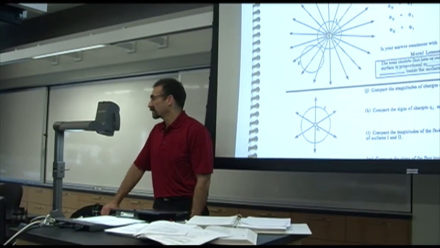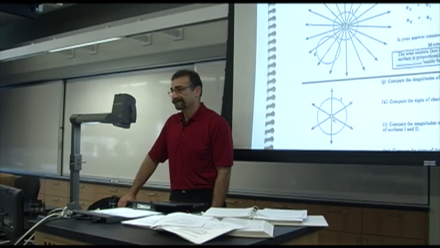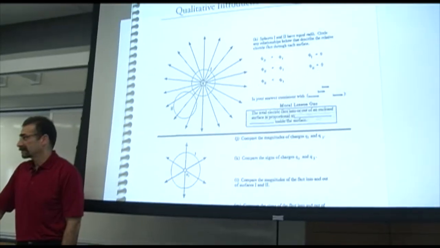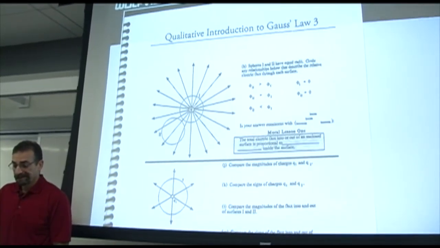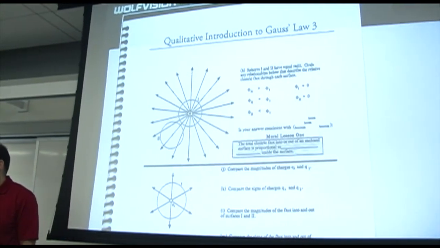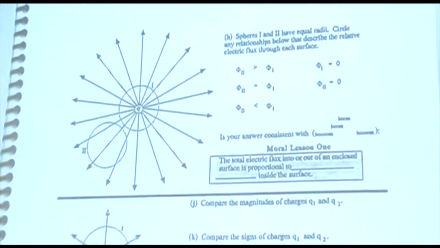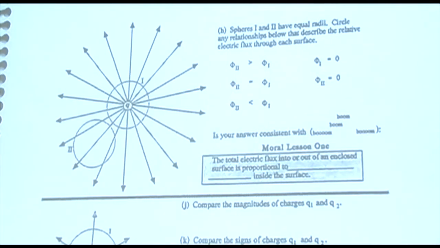Which one is the flux greater? You could literally count the lines penetrating the surface. In case 1, every single line is going out of the surface. They are all producing positive flux.